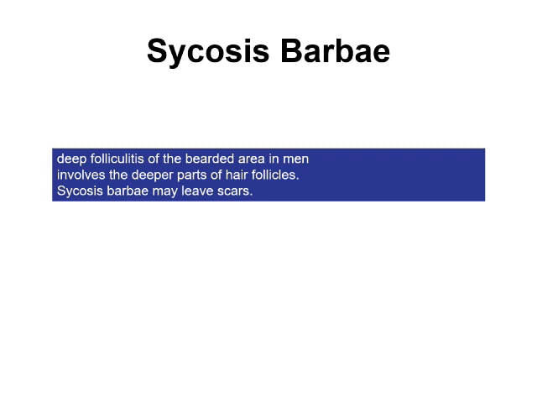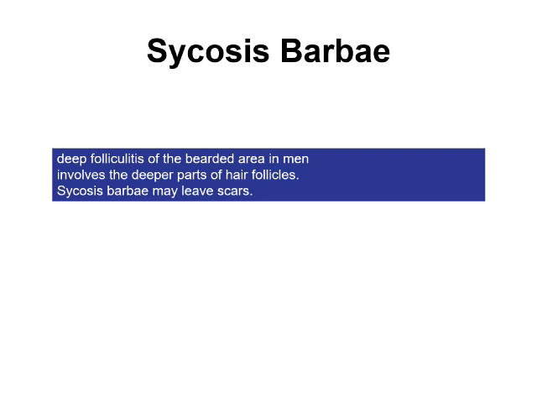Remember what I said in the previous slide? Deep folliculitis affects the whole hair follicle. So sycosis barbae is a deep folliculitis of the bearded area in men and involves the deeper parts of the hair follicles. And sycosis barbae may leave scars, remember that.